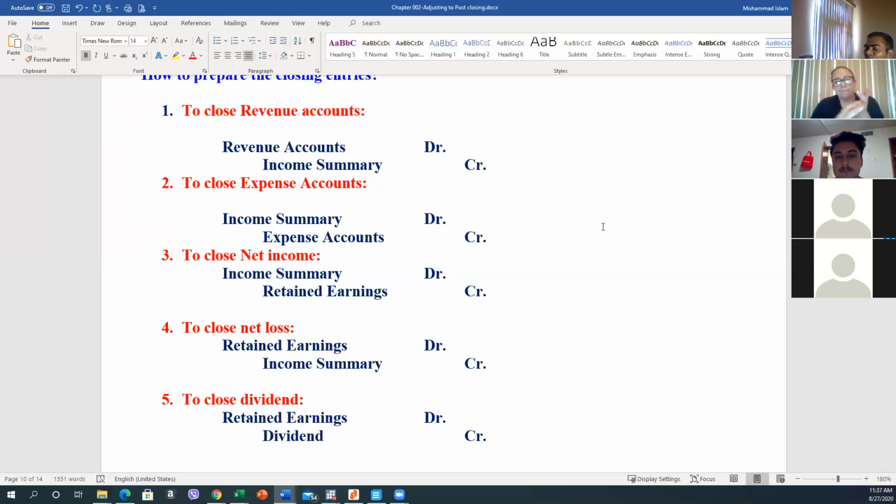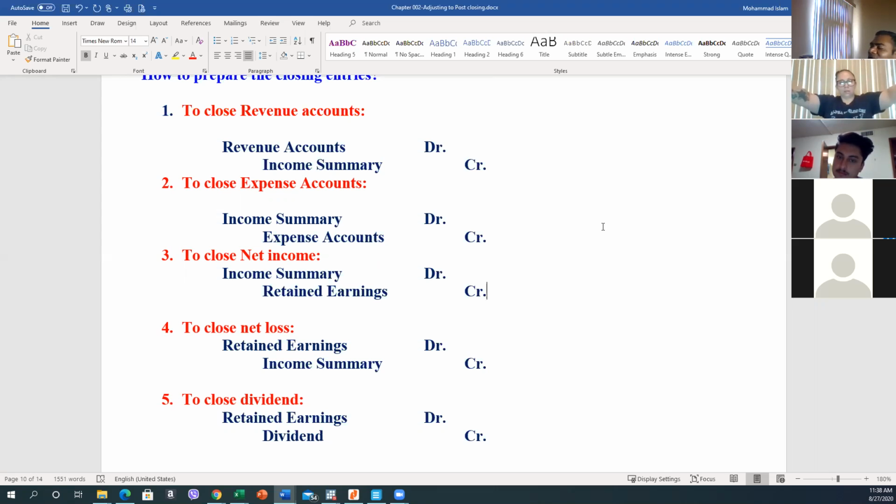And to close the net income, when we have net income, income summary has a credit balance, correct? So to close that one, income summary debit and retained earnings credit. The opposite is also true. Opposite means retained earnings is debit and income summary credit for the closing of net loss, correct?